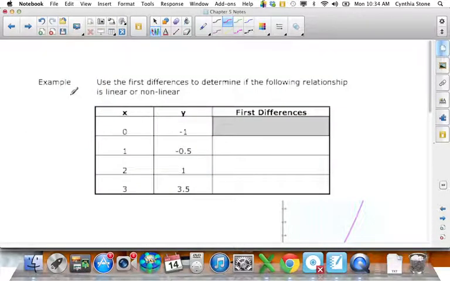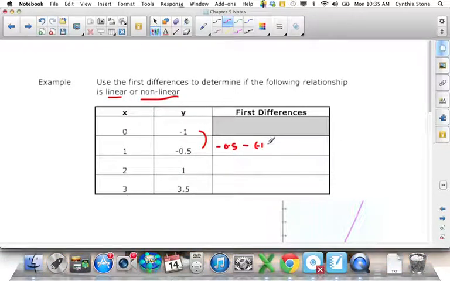Okay, so our example then: use the first differences to determine if the following relationship is linear or nonlinear. So linear means first differences are constant. Nonlinear means that they don't go up by a constant number. So just to go back to the skill of finding first differences, here you take these two pieces of data, you go minus 0.5, take away minus 1, and that would be plus 0.5, because two negatives is a positive, so it would be 0.5.